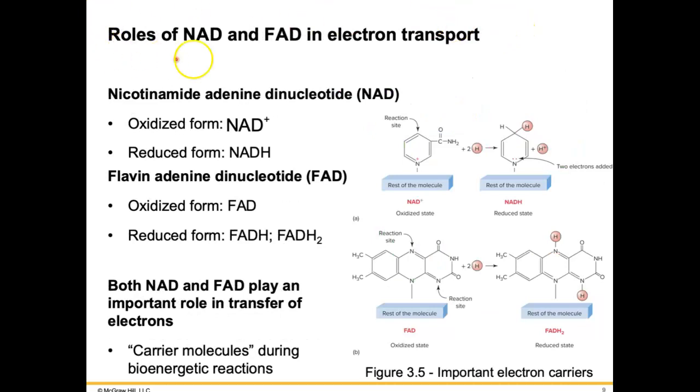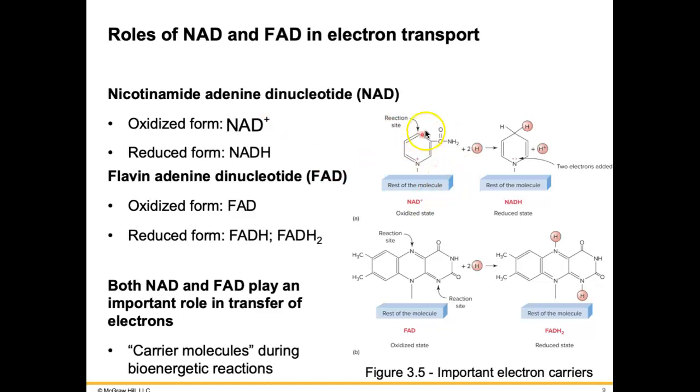Next, let's talk about the roles of NAD and FAD in electron transport. First we have nicotinamide adenine dinucleotide, which is what NAD stands for. It is derived from the vitamin niacin, which is vitamin B3. Its oxidized form is NAD+, and you can see that molecule on the right.